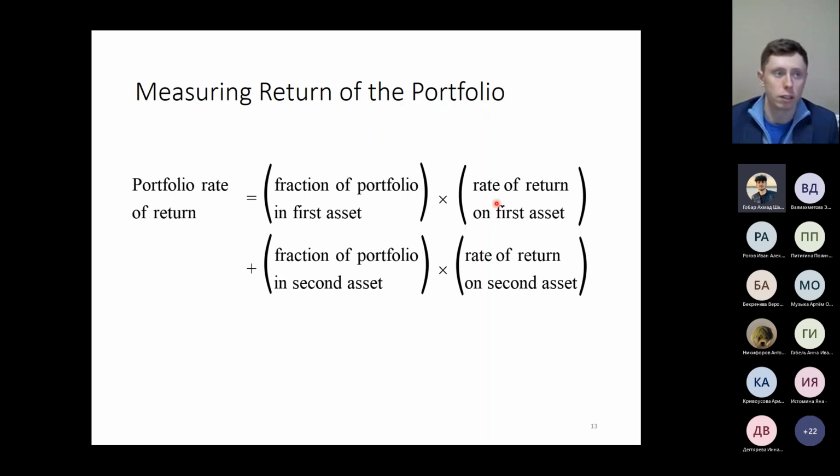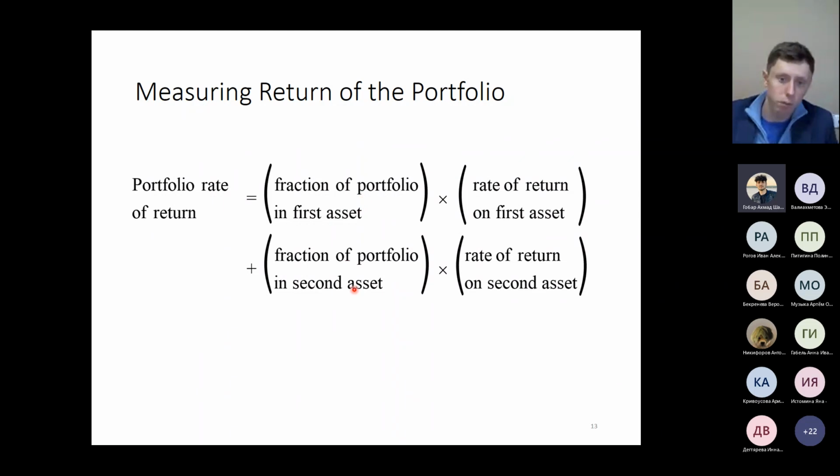So if we have, let's say, 2 assets in the portfolio, initially the price of both of them is 5 and 5, so each of them constitutes 50% of the portfolio. So the fraction of the assets here would be 0.5, and here we would also have 0.5.